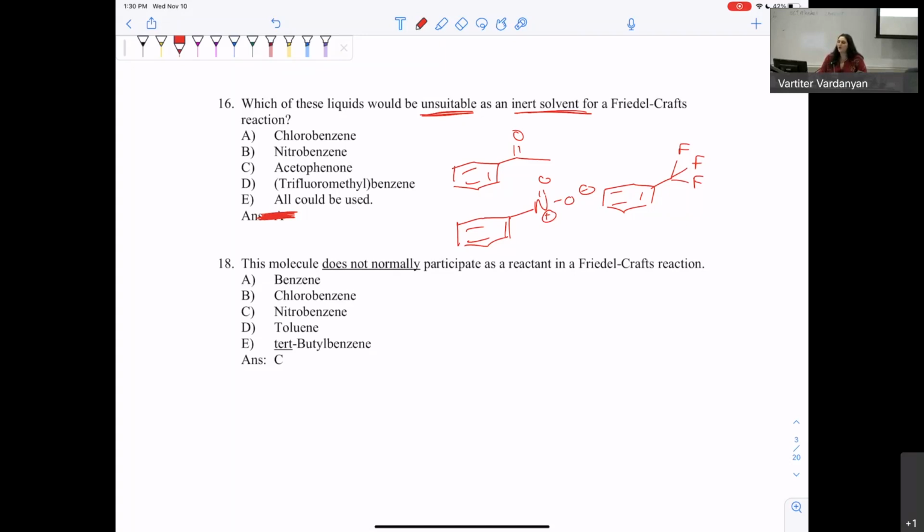So inert solvent means it's not going to react, and if it's unsuitable at not reacting, that means it will react. So we're looking for the only one that can react, which is A.